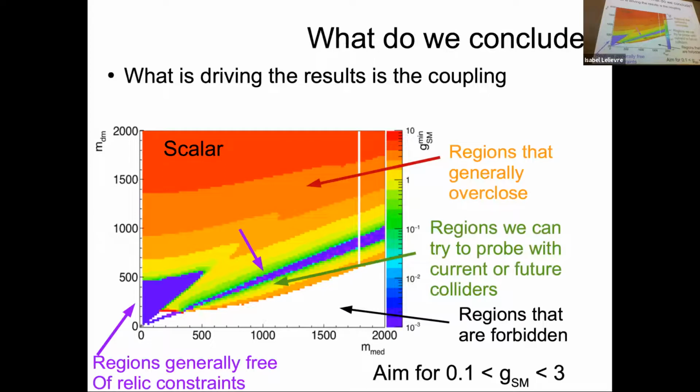And the nice thing is that this tells us where we should look for dark matter under these simplified models, right? This region here where dark matter is light, you have a lot of flexibility. In these regions here where mediator masses and dark matter are heavy, the couplings have to be very large, and we very likely would have seen something at the LHC.